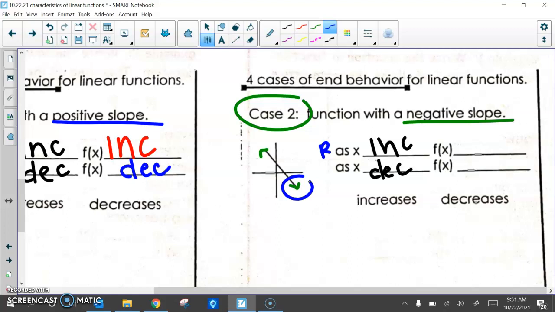What is my line doing? It is decreasing. Then as x decreases, that's always the left side, which is that arrow, and that one's increasing. So they're opposite: increase, decrease, and decrease, increase.